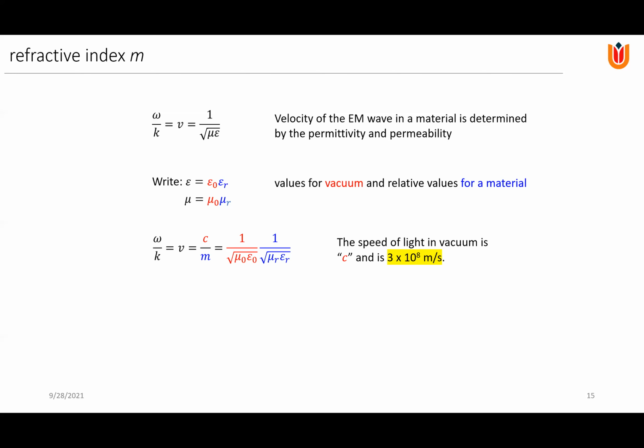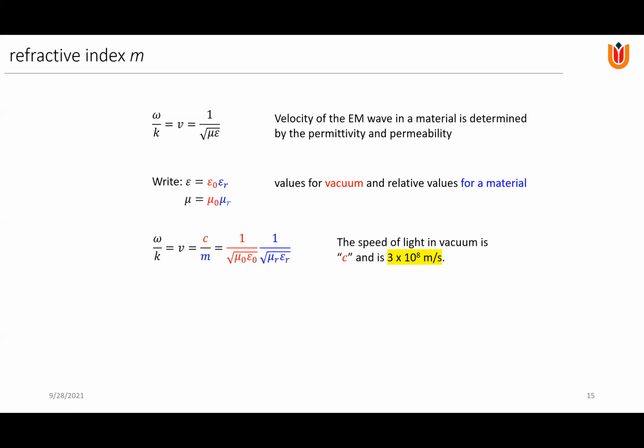And then for this M, basically 1 over the square root of the product of the relative permittivity and relative permeability. That is also a different quantity. What is that quantity called?